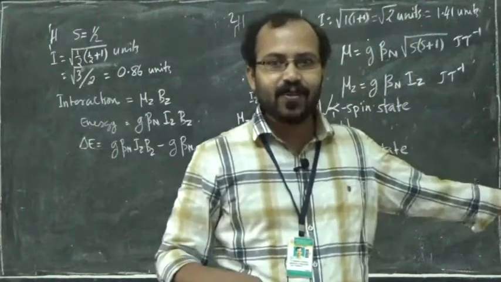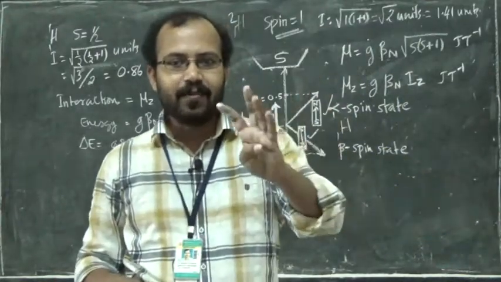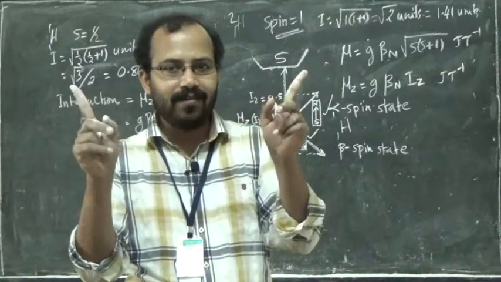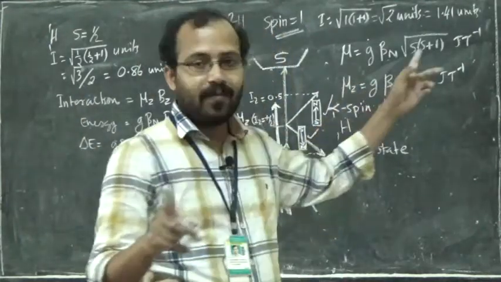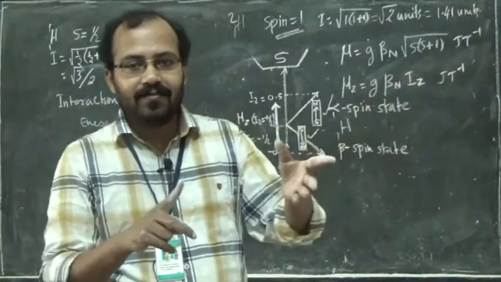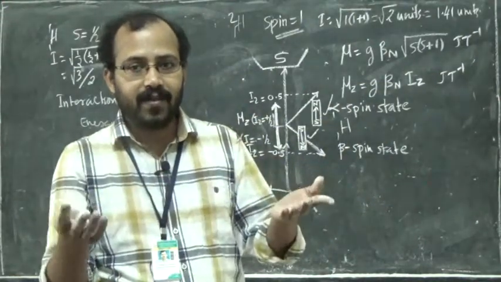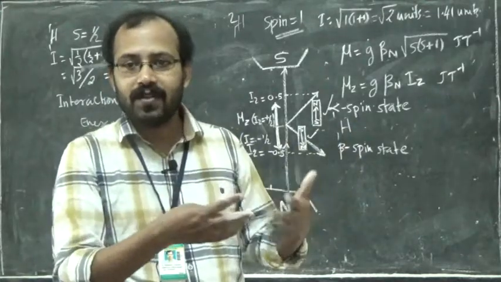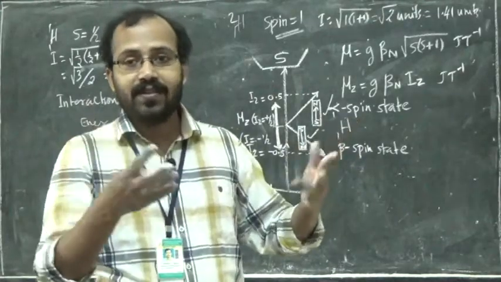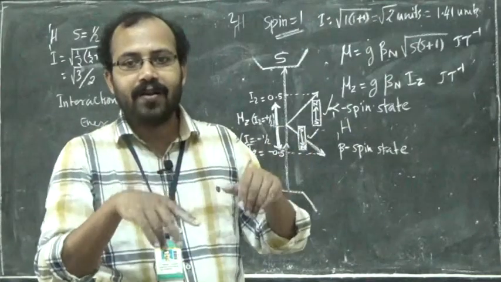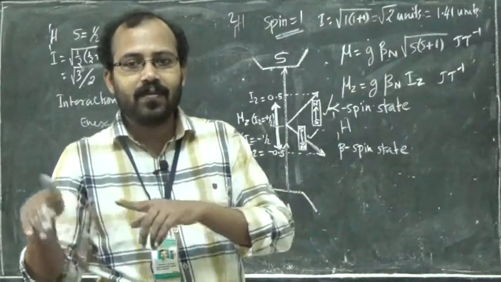You know that Iz values are differing by 1. Two successive Iz values, the difference is 1, right? Wherever you look. Whether it is integral spin or half integral spin, if I is equal to 2, then Iz values were 2, 1, 0, minus 1, minus 2.